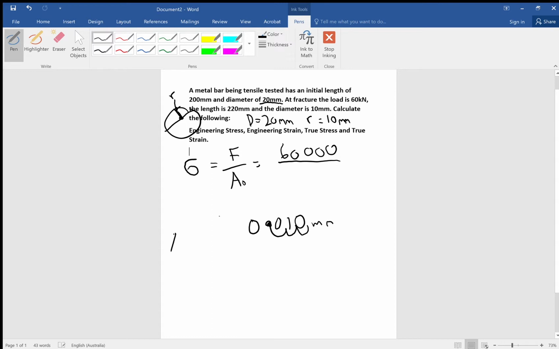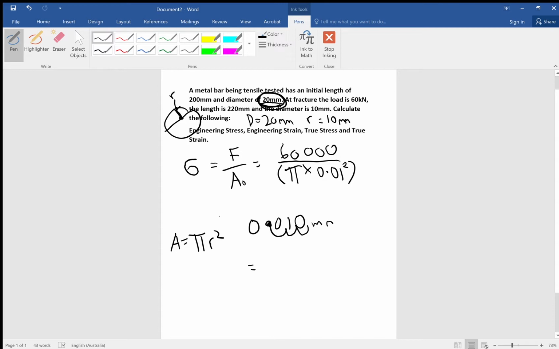We know that the area of a circle is equal to pi r squared. So we're going to put that all over pi times 0.01 squared. We use 0.01 because we needed to halve this diameter. When you do that in your calculator, 60,000 divided by, in brackets, pi times this squared, you should end up with a very large number, because it's in pascals or newtons per meter squared.